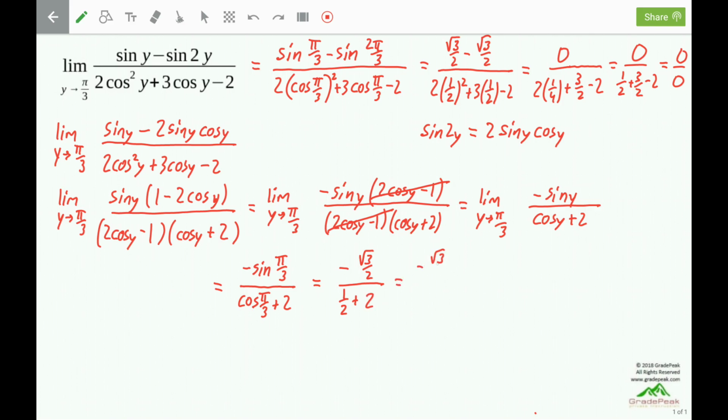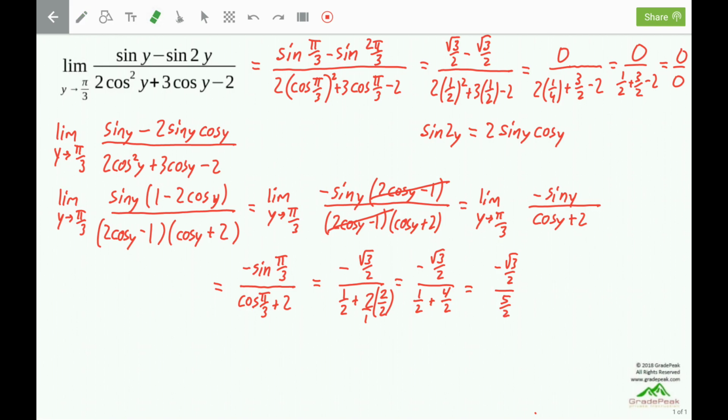Now in the denominator, we will need to combine those fractions by a common denominator. I'm going to multiply the second fraction by 2 over 2 so that it becomes a common denominator. We will have 1 over 2 plus, and that 2 can be thought of as 2 over 1, plus 4 over 2 after multiplying. So we have a negative root 3 over 2 divided by 5 over 2.